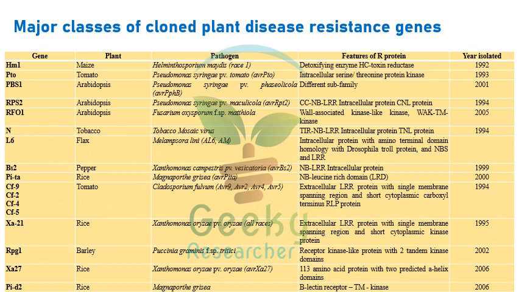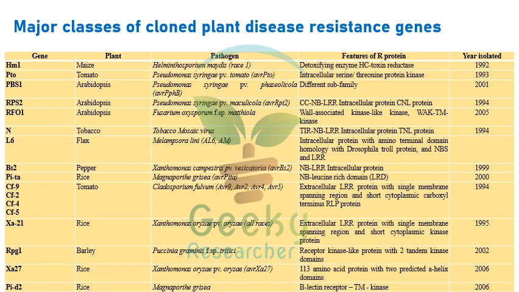These are the major classes of cloned plant resistant genes. HM1, which we already discussed, is the first plant resistant gene isolated, from maize, against Helminthosporium maydis race 1. PTO is from tomato, against Pseudomonas syringae pathovar tomato. PBS1 is from Arabidopsis, against Pseudomonas syringae pathovar phaseolicola, and PBS2 is the same. RP1 is from Arabidopsis.